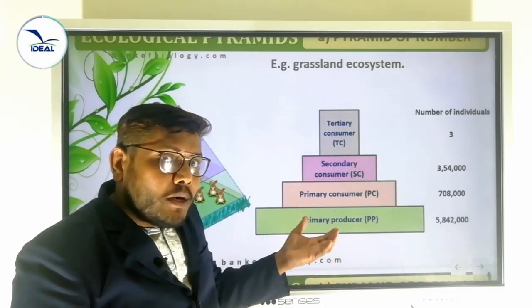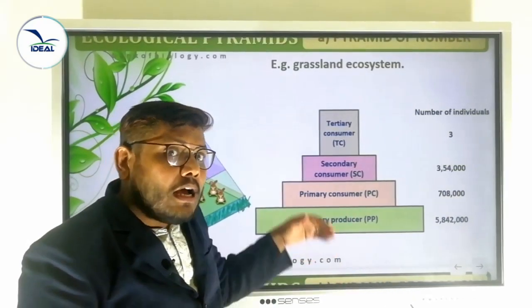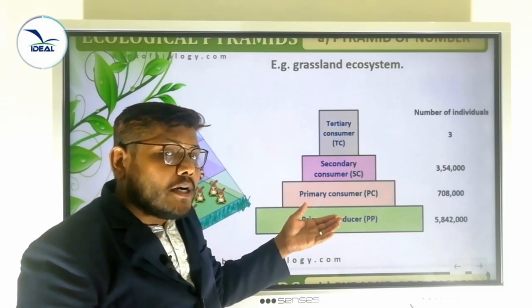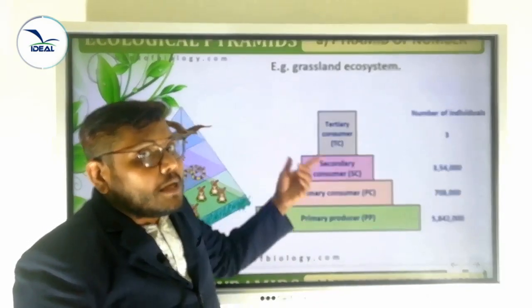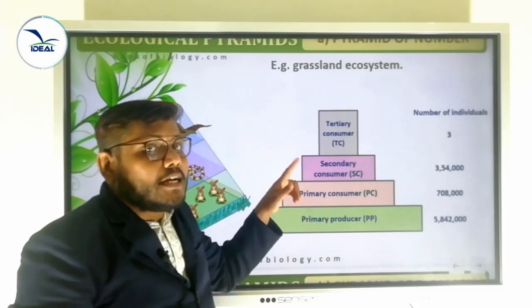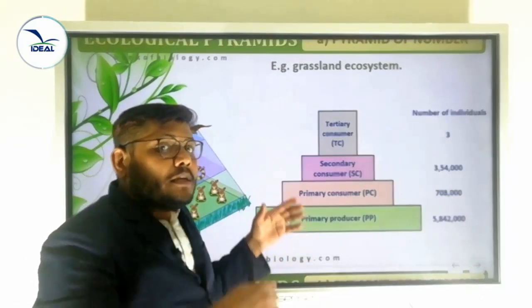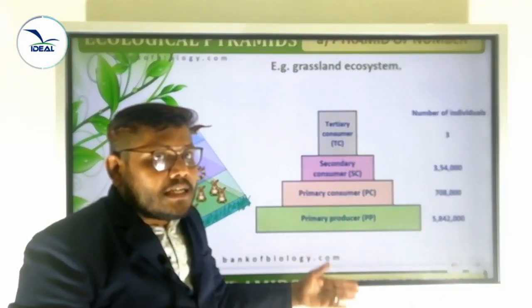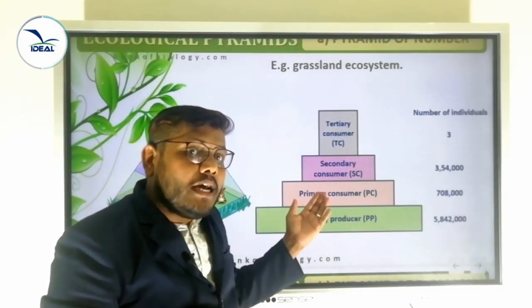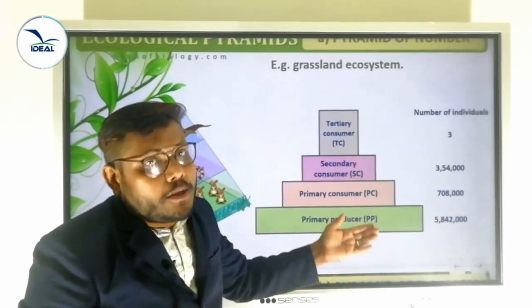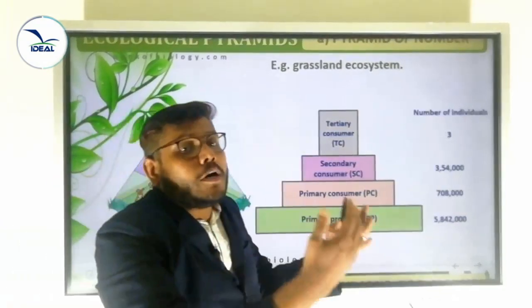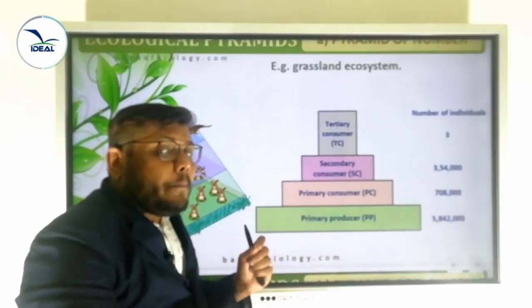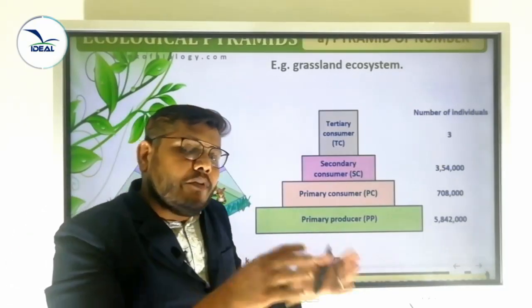The number of birds is more than the plants, so that part becomes broad. Then the parasites are more than the birds, so the top part is broader than the basal part. Such a pyramid is called an inverted pyramid, with the broad part at the top and the narrow part at the base.